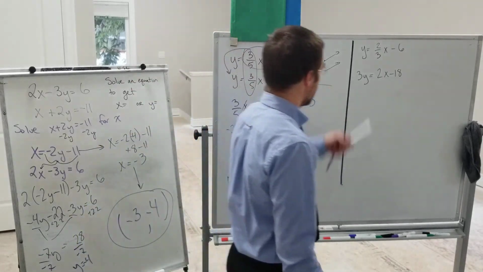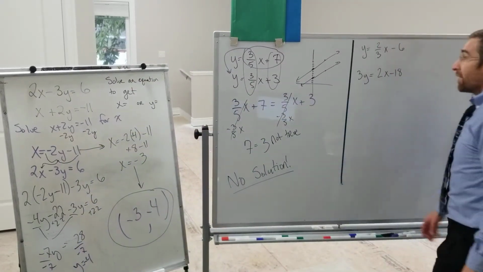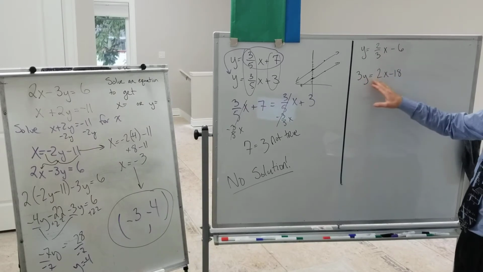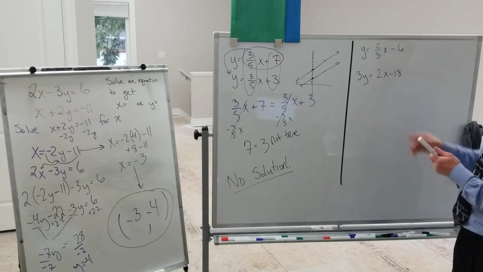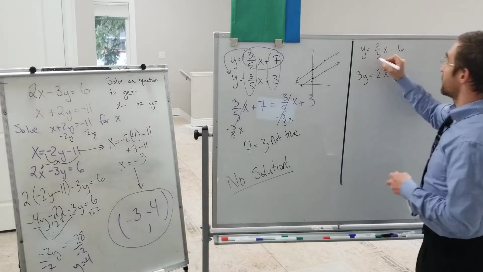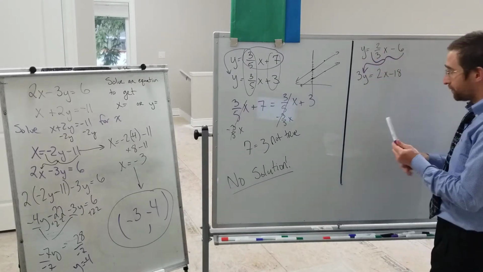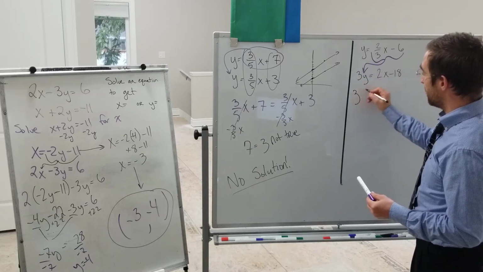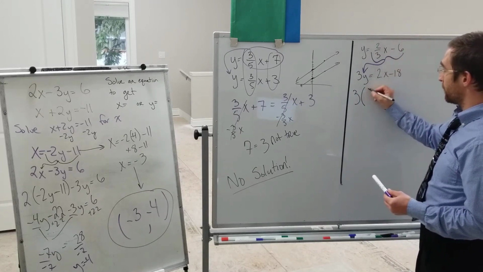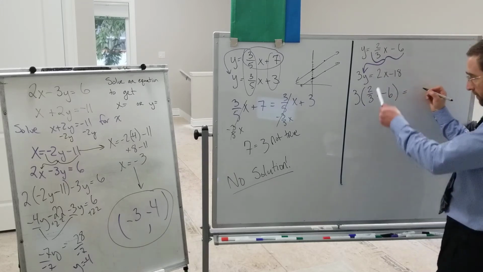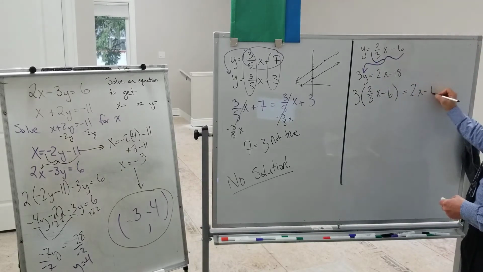All right, let's look at the next problem. Here, y equals 2/3 x minus 6, and then 3y equals 2x minus 18. So here we have a y equals, so I can take what y is equal to and replace that y. So I get 3 times what y is equal to, 2/3 x minus 6 equals 2x minus 18.